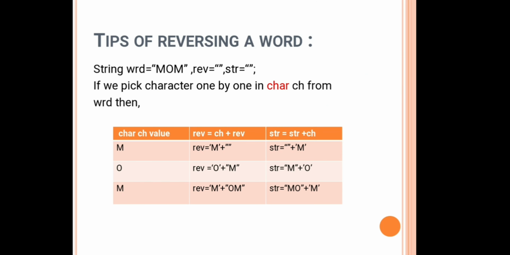Now REV contains MOM and STR contains MOM. So if I write STR equals STR plus CH, it provides the same word. If I write REV equals CH plus REV, this line provides the reverse of the same word.